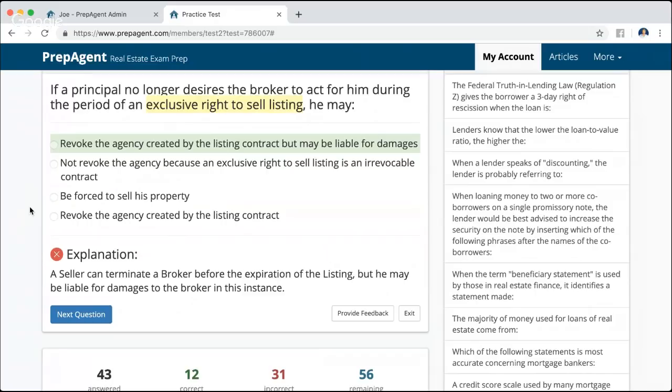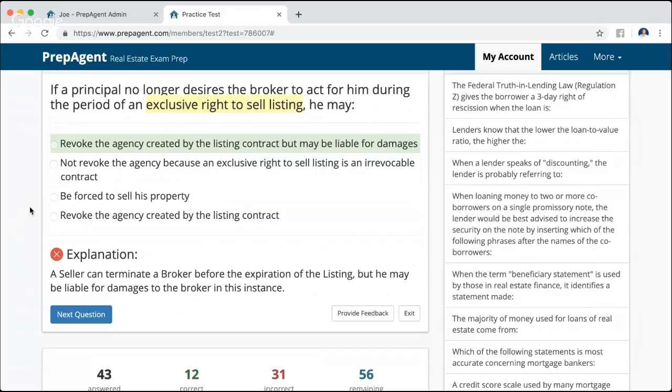So you have an exclusive listing, which means there's one broker, and under those, exclusive right to sell and exclusive agency. With exclusive right to sell, the agent gets the commission no matter who brings the buyer. An exclusive agency is when the agent gets the commission unless the owner sells it themselves. So no other broker could be involved, but they do have to prove that they are the cause of the buyer.